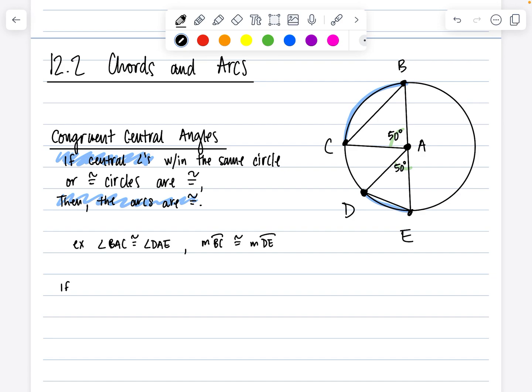If central angles are congruent, once again, within the same or congruent circles, then the chords are congruent.